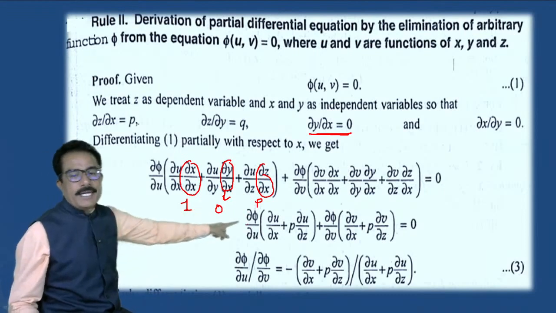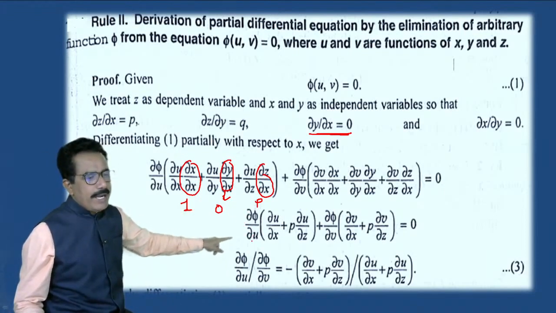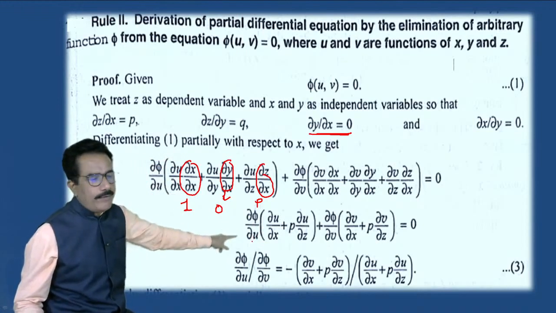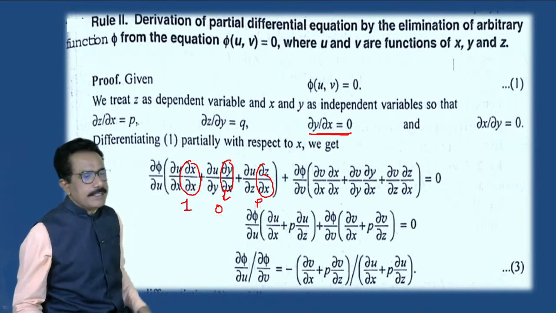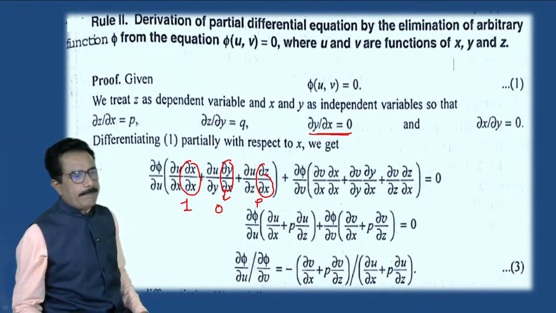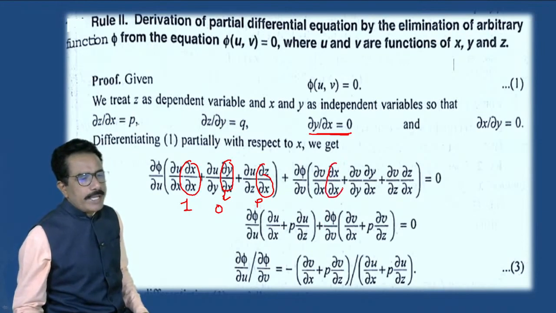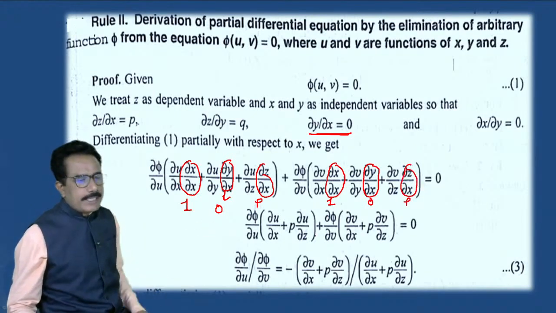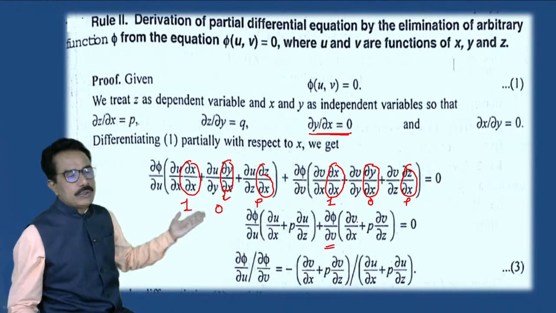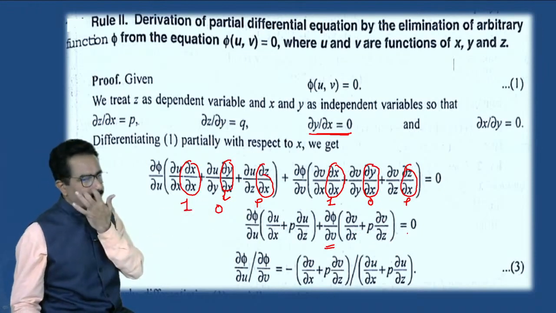So we get the relation: dou phi by dou u into dou u by dou x plus p into dou u by dou z, plus similarly dou x by dou x is 1, dou y by dou x is again 0, and dou z by dou x is again p, so we get the second term dou phi by dou v into dou v by dou x plus p into dou v by dou z, which is equal to 0.